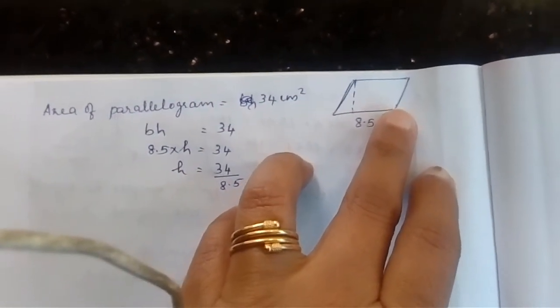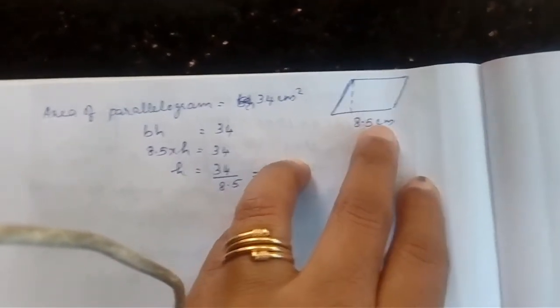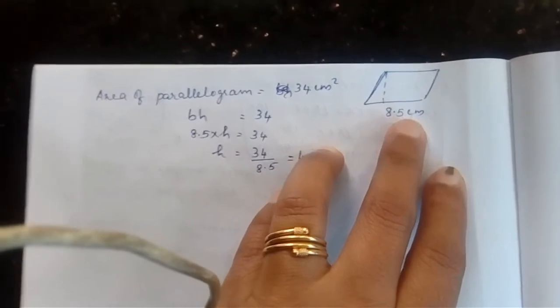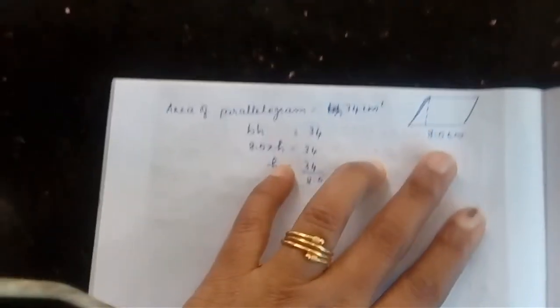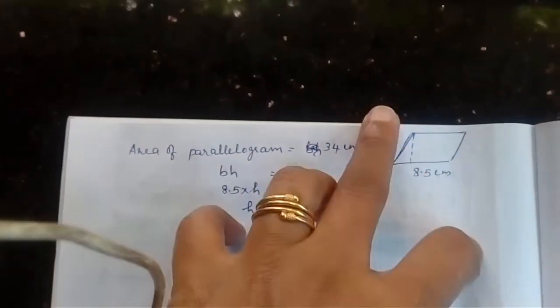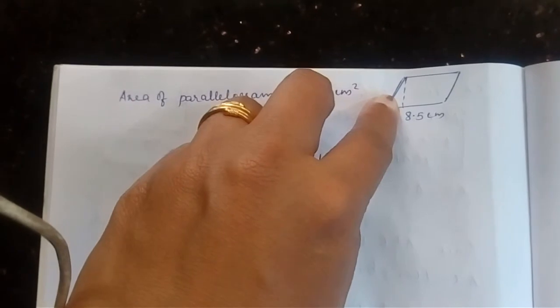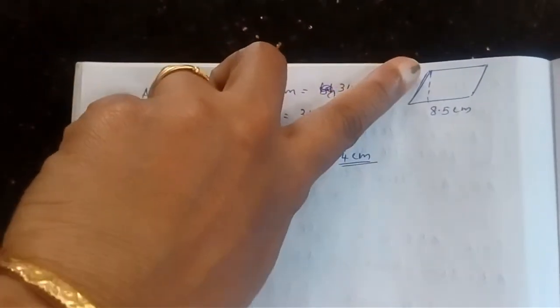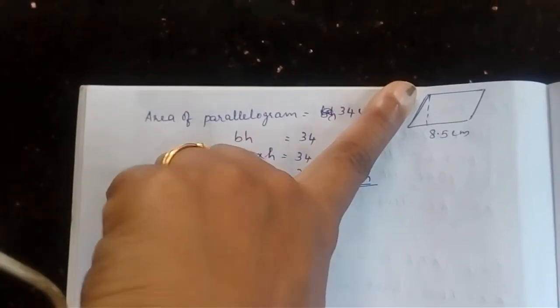Opposite sides are parallel and equal. Here, the base can be considered as the horizontal line and H represents the height, and height means the perpendicular distance from one vertex to the opposite side. So this dotted line is the height. Okay, dotted line represents the height. This side, if you are taking it, will not be considered as height.